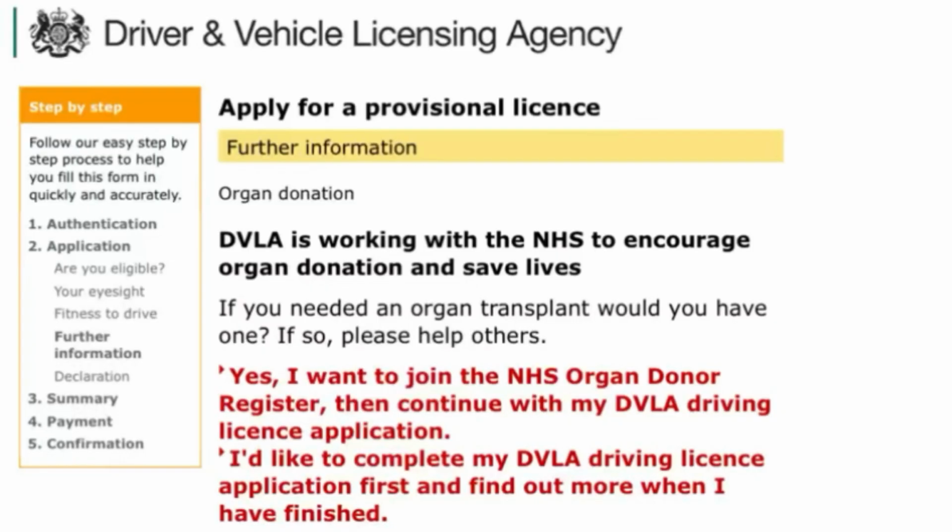Okay, so this is an opportunity for them to ask if you want to be a donor. So there are 2 options there in red. One says, yes, I want to join the NHS organ donor register, then continue with my DVLA driving license application. And then the second option says, I would like to complete my DVLA driving license application first and find out more when I have finished.